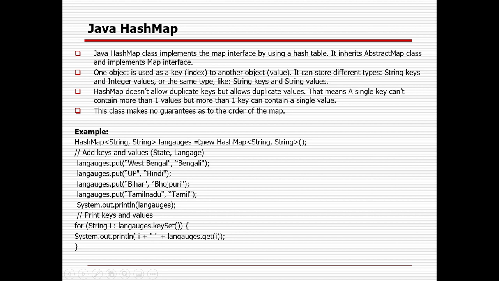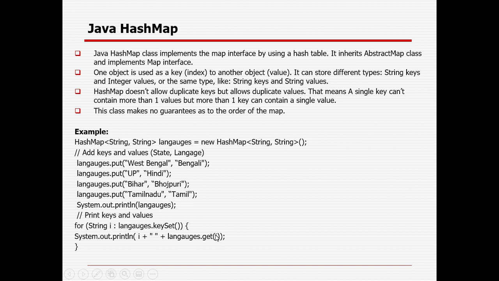With the help of the variable you can get the key, and the value as well. Java HashMap implements the Map interface by using hash tables. It inherits the AbstractMap class and implements the Map interface.